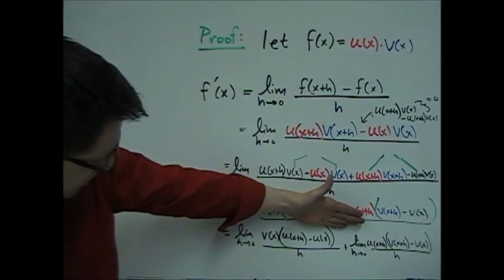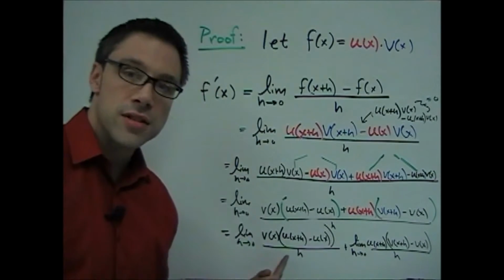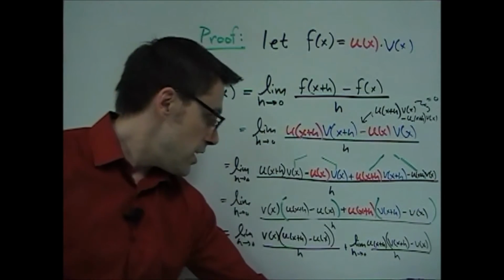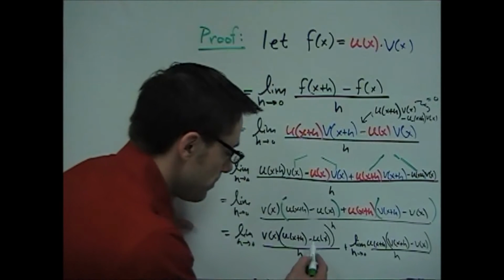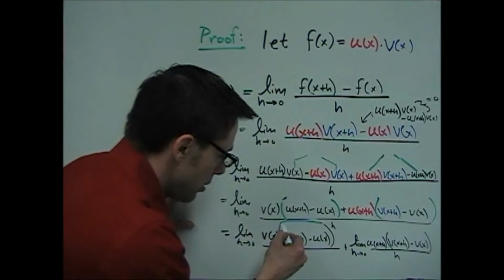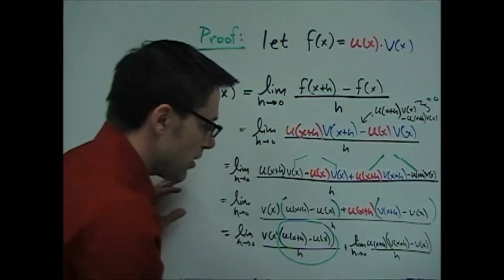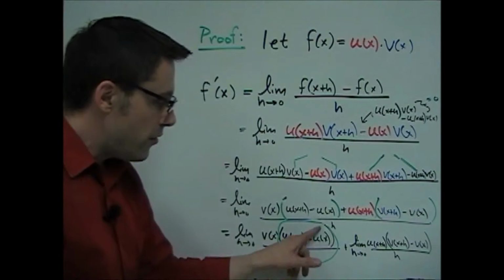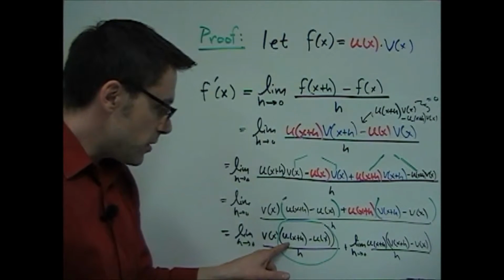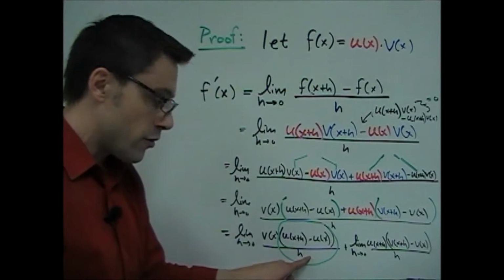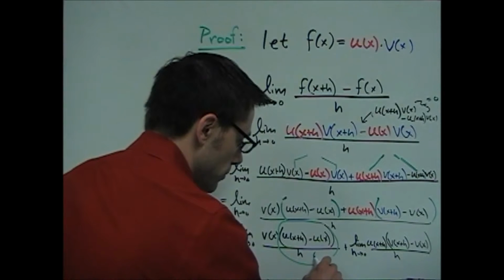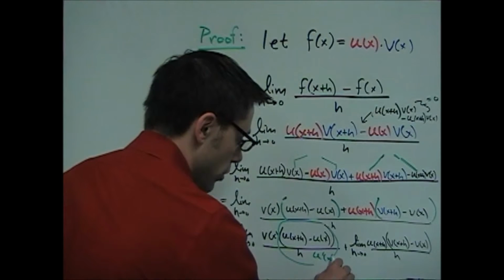Okay, there's a little h here that's just from the stuff above. But you can see that for this step here, I now have two different limits, right? There's a limit here and there's a limit here. And one thing that I want you to notice is that, in fact, this part right here with the limit is really a difference quotient in u, isn't it? So I can write this as the derivative of u, right? This is u of x plus h minus u of x over h. Well, that's u prime. So this is actually u prime of x.